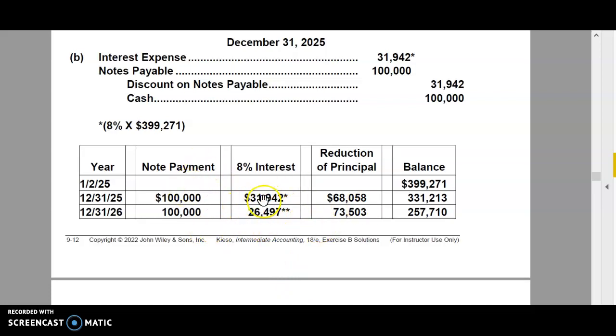So when you do your interest, you're going to subtract your interest from your note payment, and your reduction of principal is 68,000, because of the 100,000 you paid, some of that was interest. And so you're going to reduce the principal amount by 68,000. You take this amount, subtract it from your balance, and here's your new carrying balance. This is what you'll pay interest on for the next period.